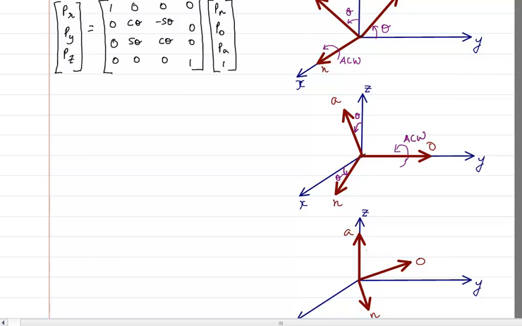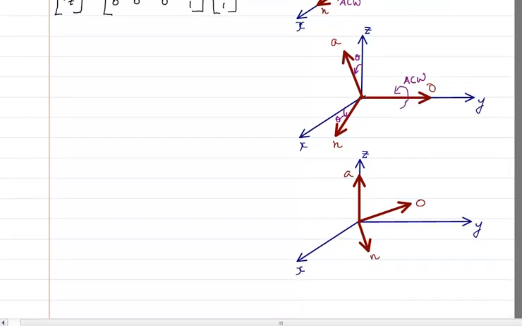Similarly, in the third case, we have a rotation with respect to the z axis. I am basically rotating it in this direction, so this is again anti-clockwise. Here we will have an angle of theta, similarly here also an angle of theta, and based on that we will have an equation.